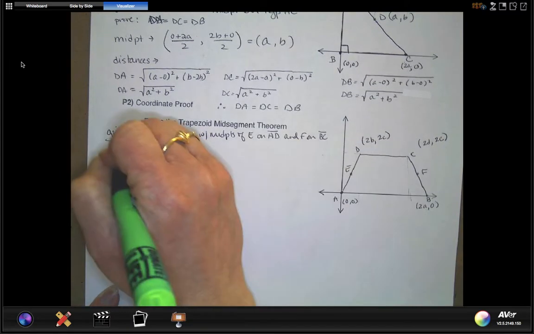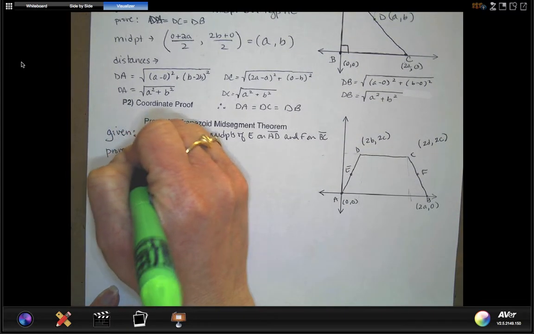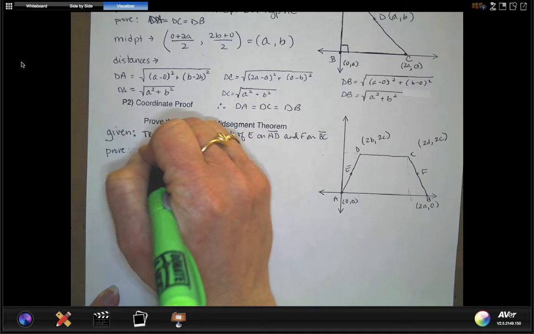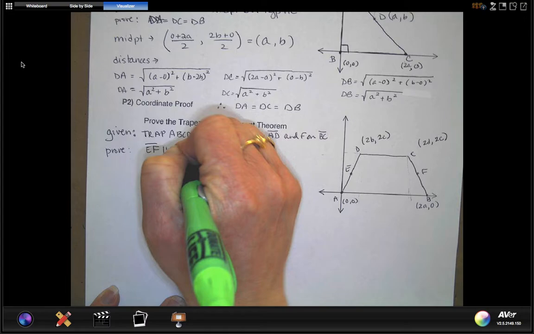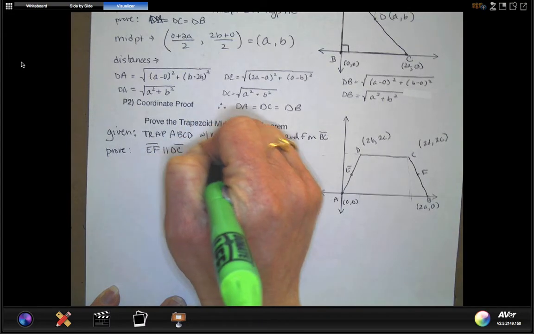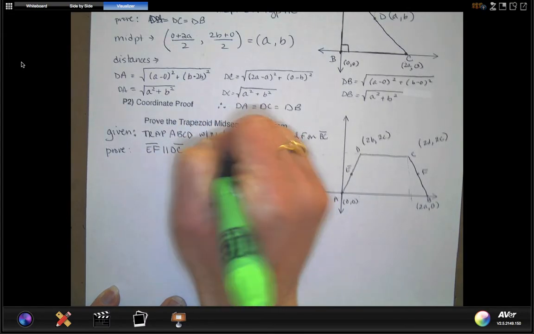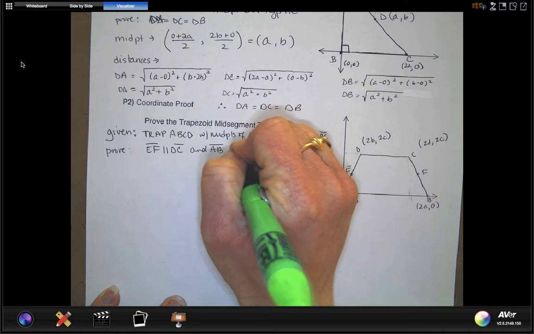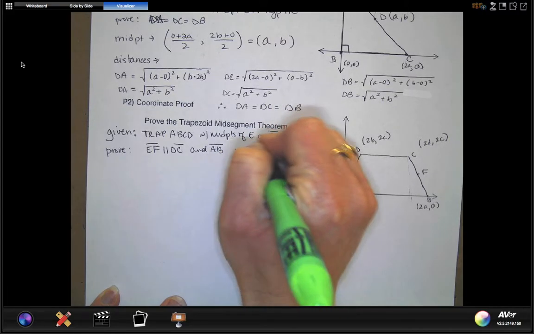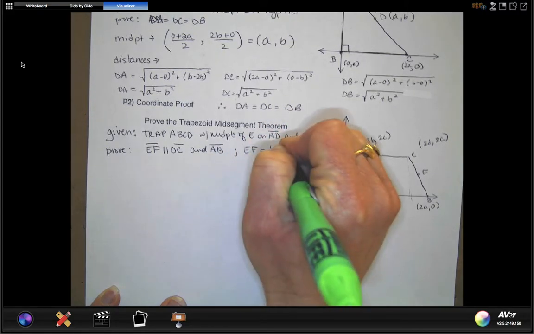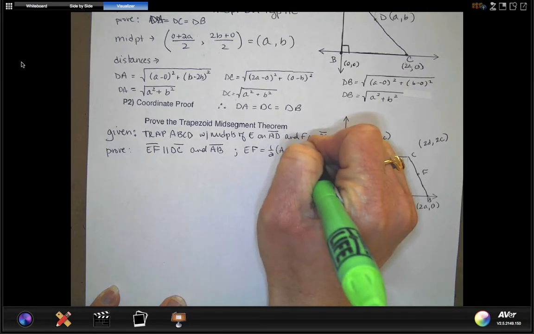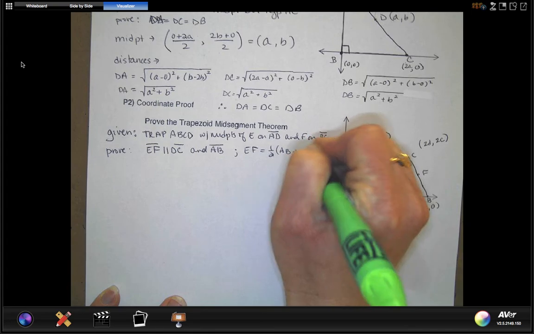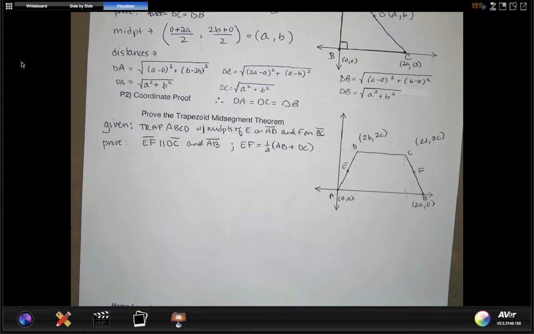So I want to prove that EF, so the midsegment, is parallel to DC and AB. And then I also want to prove that EF, the length, is equal to 1/2 AB plus DC, or CD, whatever you want to say, okay?